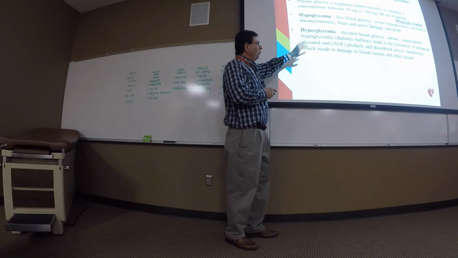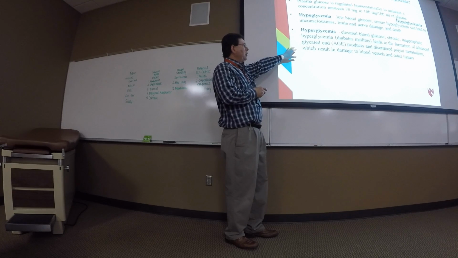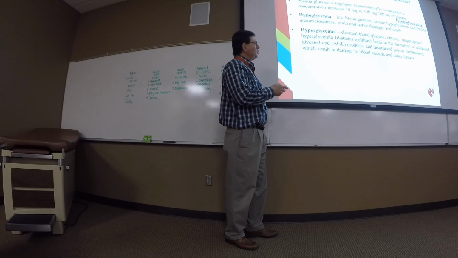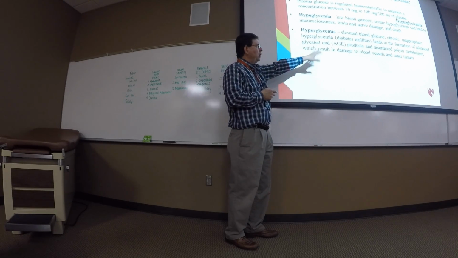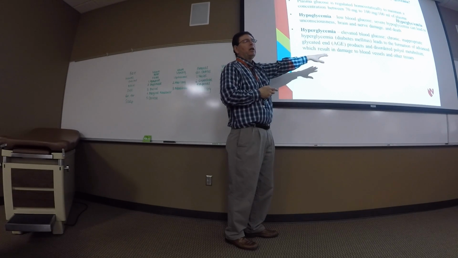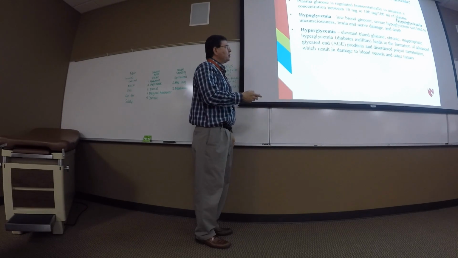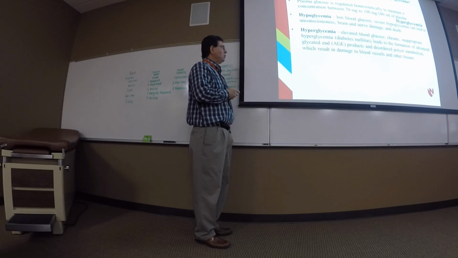But for most people, this chronic hyperglycemia leads to those things we just looked at: advanced glycated end products and disordered polyol metabolism leading to damage to blood vessels and tissues throughout the body. And this usually takes years and sometimes decades to take place.